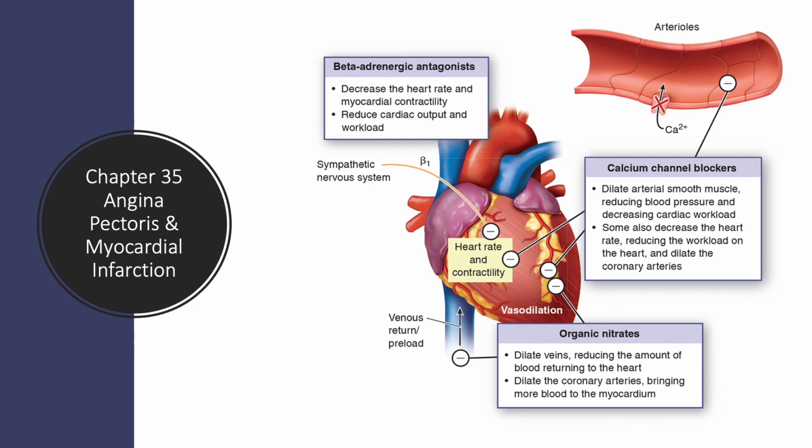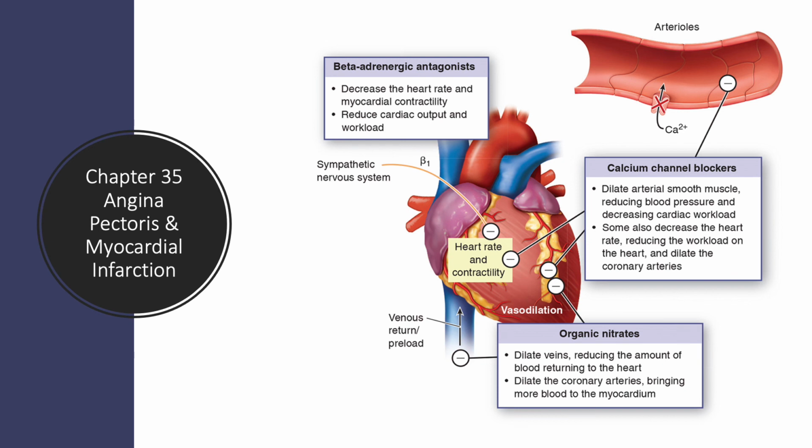They're going to reduce blood pressure, your afterload, and that'll reduce workload. And some calcium channel blockers that we just discovered not long ago also reduce the heart rate and reduce contractility of the heart, and that will reduce workload. Okay.